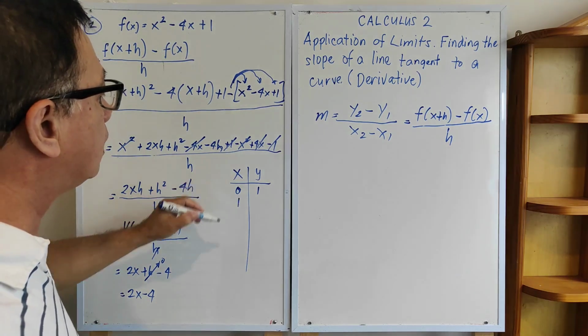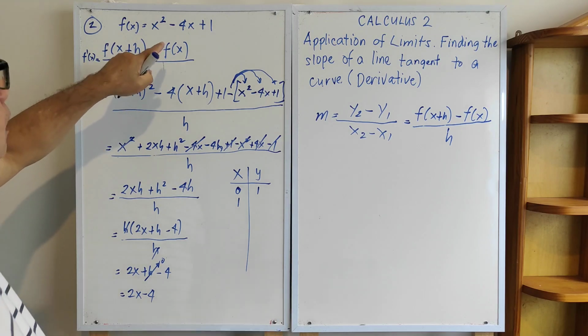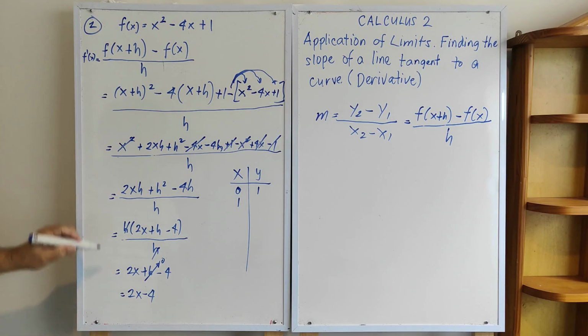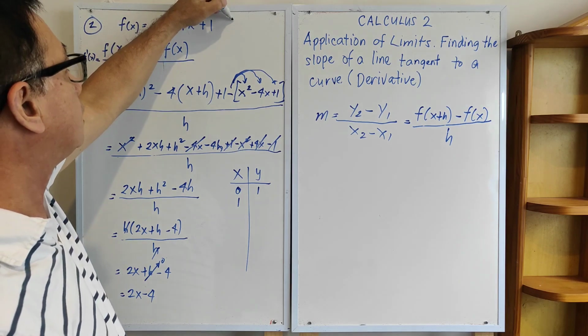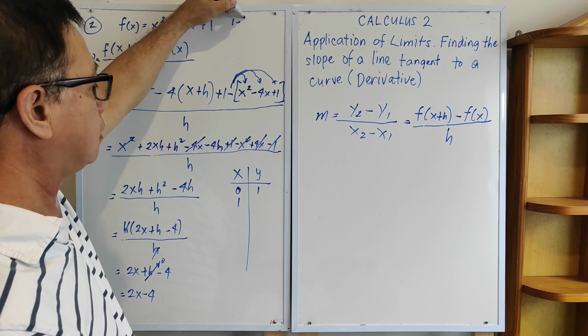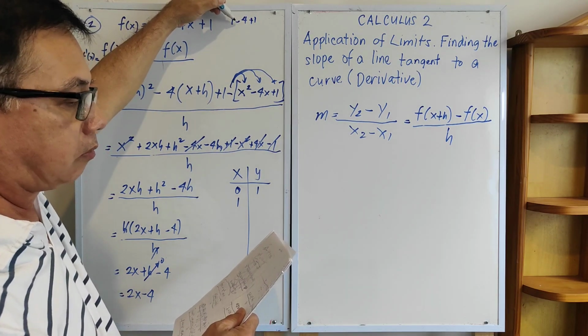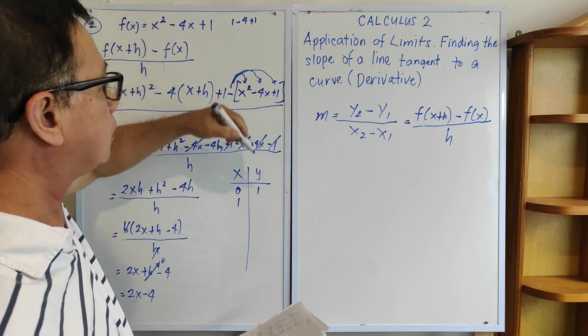If your x is 1, so 1 squared, let's compute that one: 1 squared minus 4 plus 1. That will be 2 minus 4, which is negative 2.